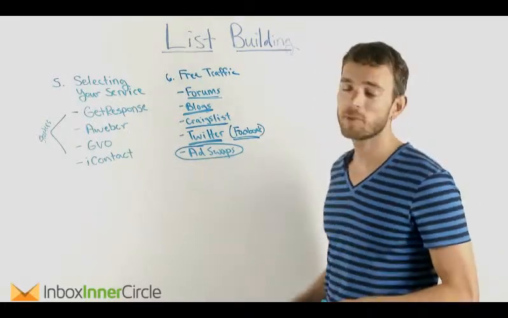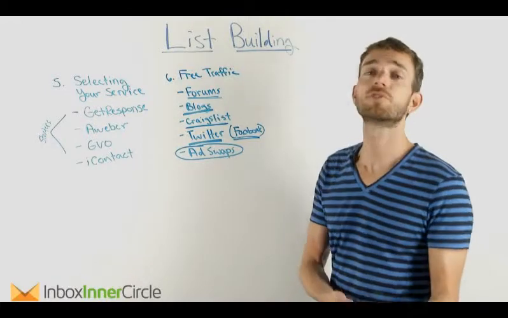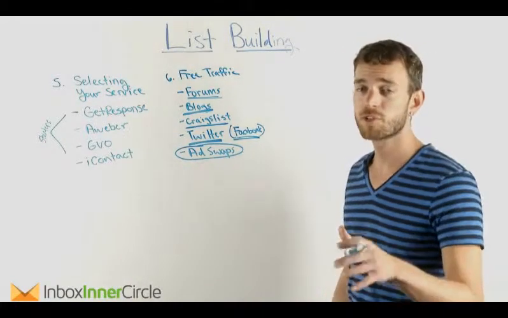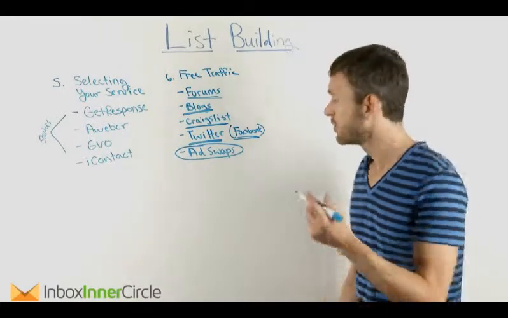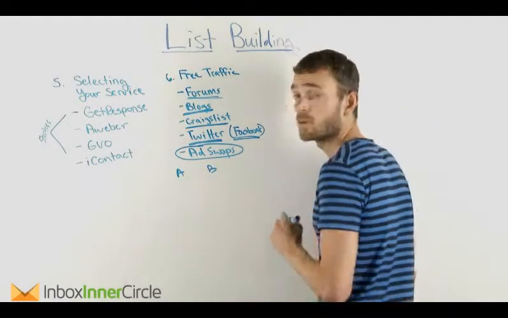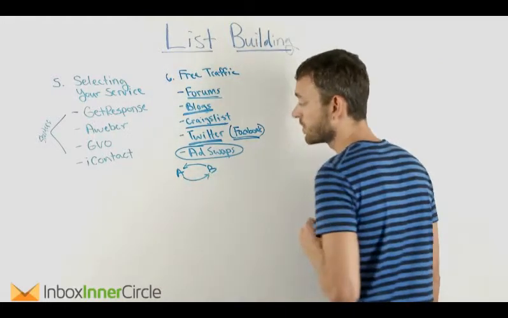And what it is, it's two people get together and they say, hey, I'll send an email for you if you send an email for me. And we actually cover this in our list explosion module, which you'll see on the navigation bar. What it is, person A has a list and person B has a list. And what they do is they say, look, I'll send emails to your opt-in page, you send emails to my opt-in page.